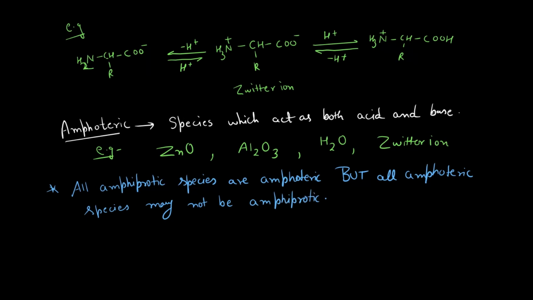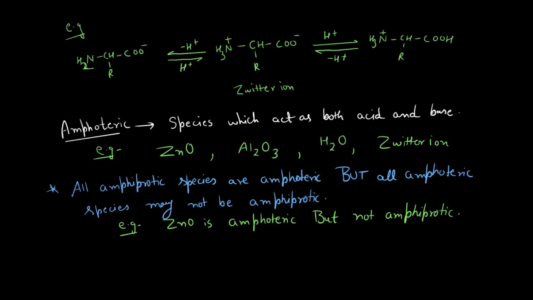For example, zinc oxide. Zinc oxide is amphoteric, but not amphiprotic.